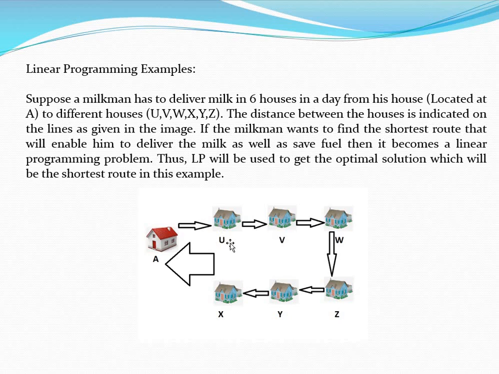So as shown in the figure, first U, next V, next W, next Z, next Y, next X, then he goes home. In this pattern, this is the best outcome where he consumes less time and less fuel, and he will get more profit.